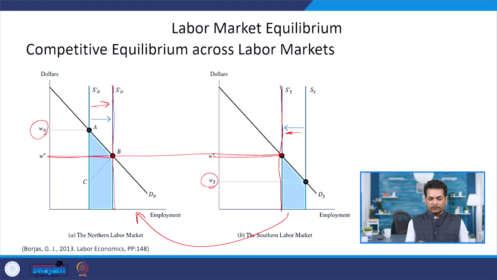So, if the workers are going to move from south to north, as I said, the convergence of this wage rate would happen if the firms could freely enter and exit the labor markets. So, when these northern firms close their plants and move to the south, the demand for northern labor shifts to the left and lowers the northern wage rate, whereas the demand for southern labor will shift right, raising the southern wage rate.